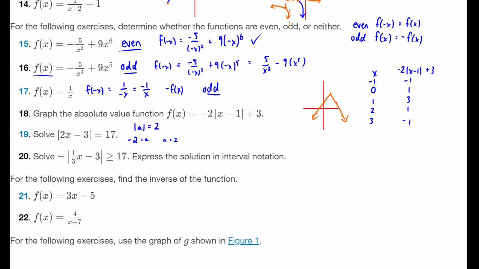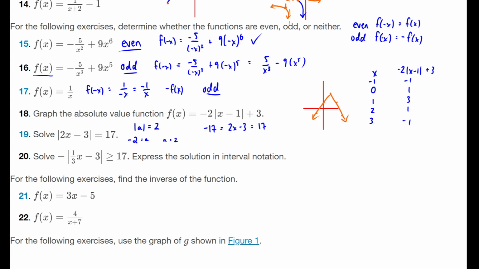They're both going to be the same thing here. So with this in mind, we're going to get that negative 17 is equal to 2x minus 3, which is going to be equal to 17.